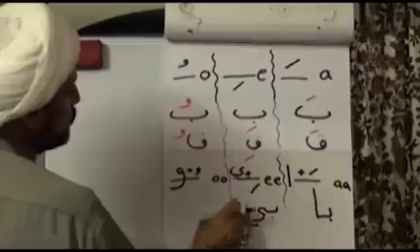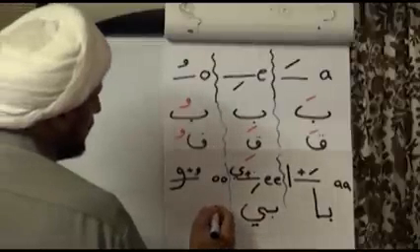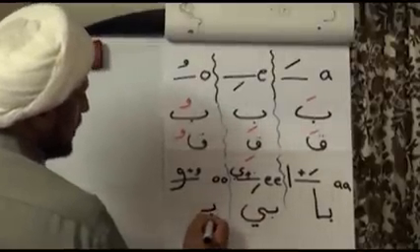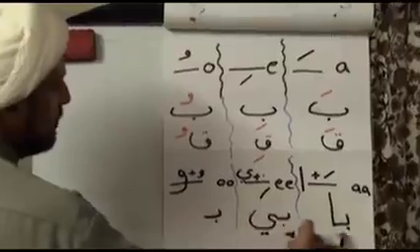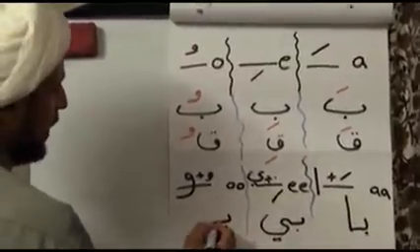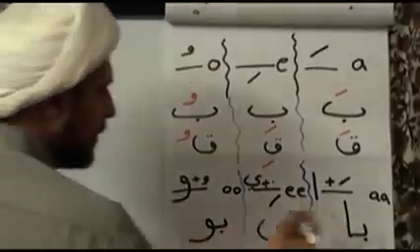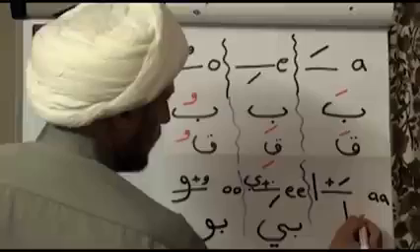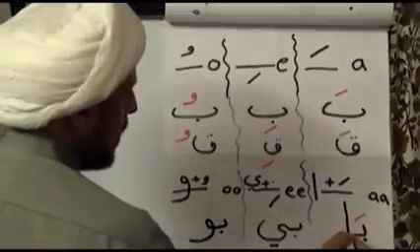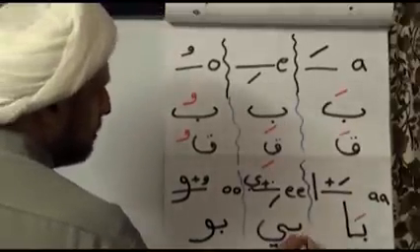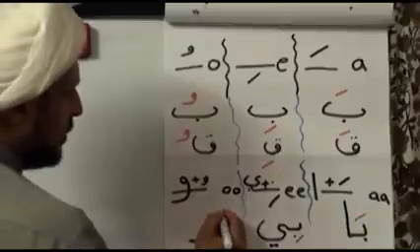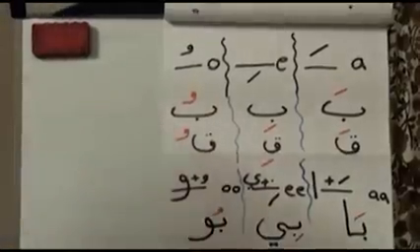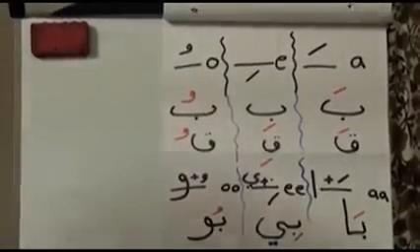So we are not going to cut the tail of the ya. And then ba, we'll cut the tail. And we'll put waw. So now we have baa, bii, boo.